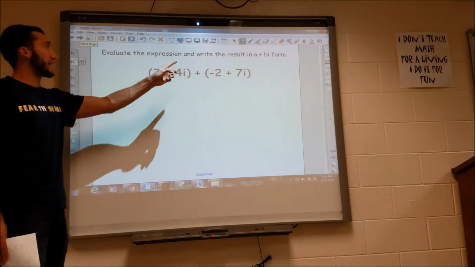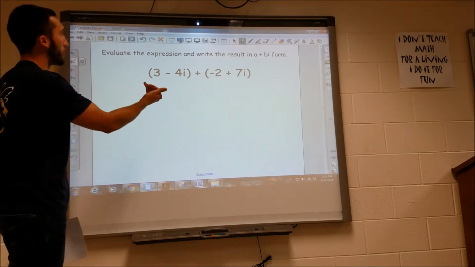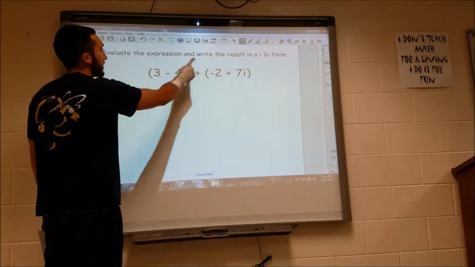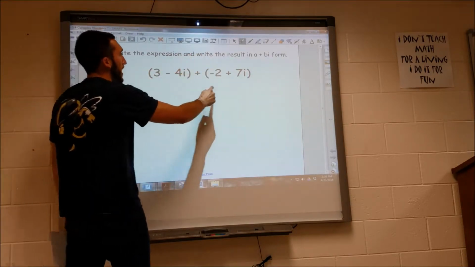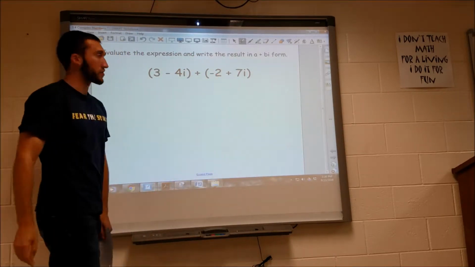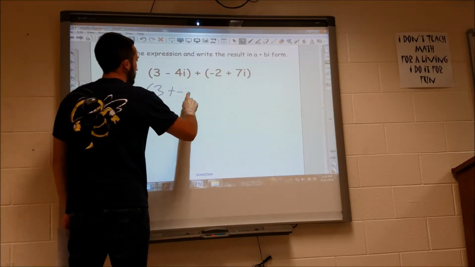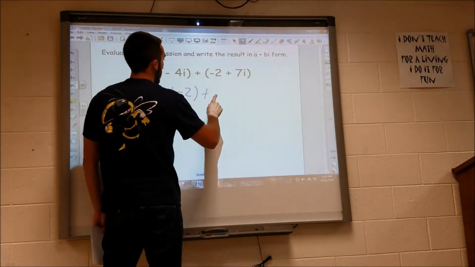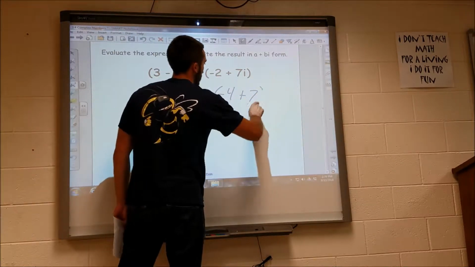So now we're going to take our complex numbers and add them together. To add complex numbers, I add the real parts, and then I add the imaginary parts together. So that gives me 3 plus negative 2, and then negative 4i plus 7i.